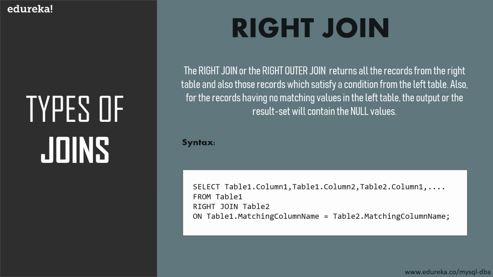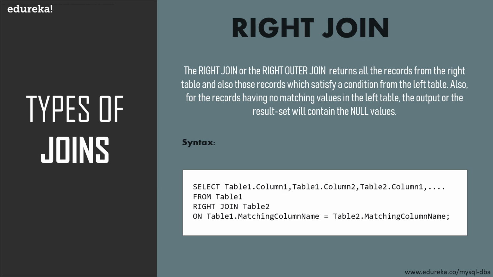The only difference is that the right outer join returns all the records from the right table and also the records which satisfy a condition from the left table, whereas the left outer join returns all the records from the left table and also those records which satisfy a condition from the right table. So it's just vice versa. And the records which have no matching values in the left table, the result set would contain null values. So guys, that was about the right join.